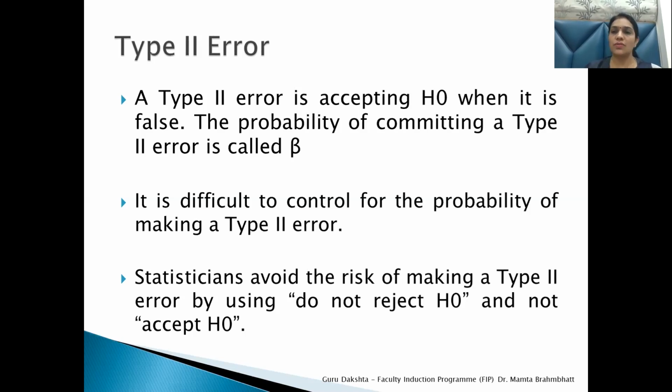Do not use the words accept null hypothesis. We write do not reject H0. Writing accepting the null hypothesis is wrong terminology. So do not use accepting the null hypothesis in your PhD or MPhil documentation. Rather than saying accepting H0, you can say do not reject H0.